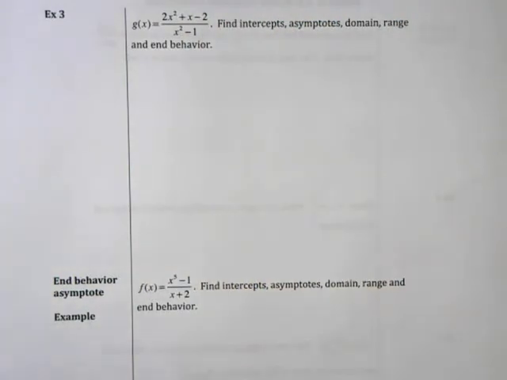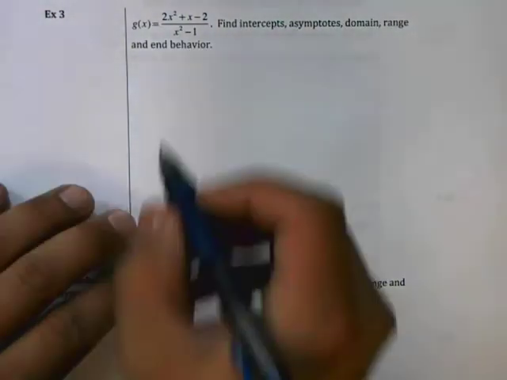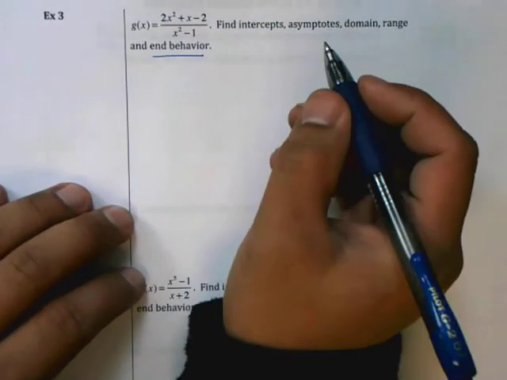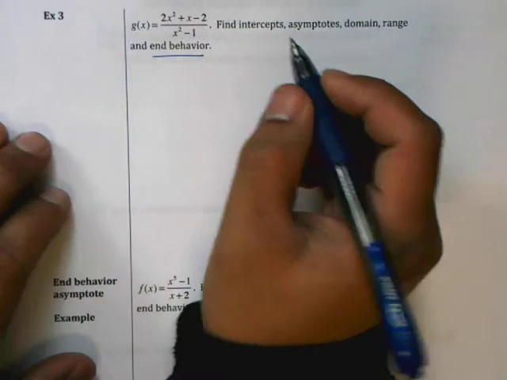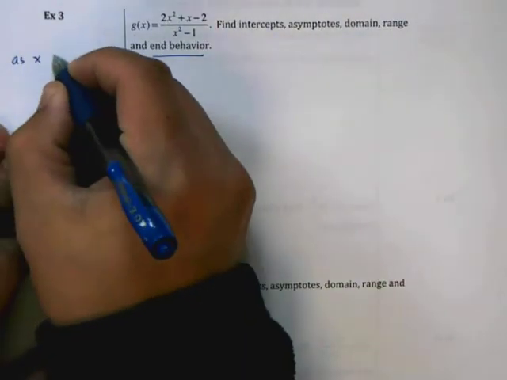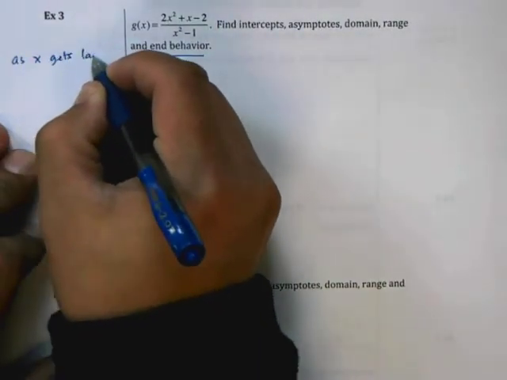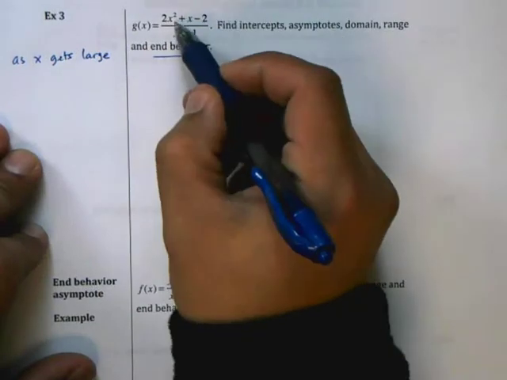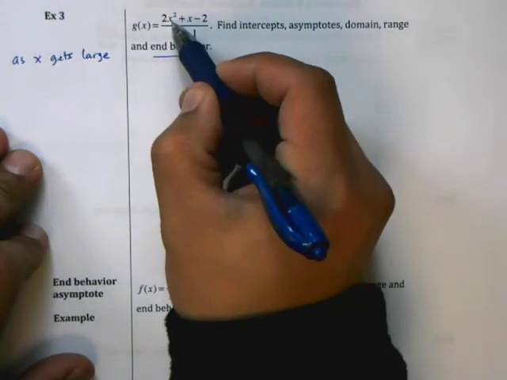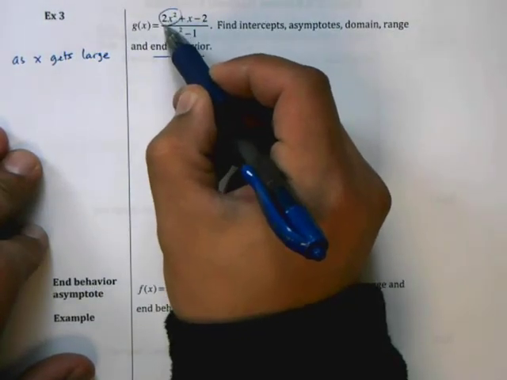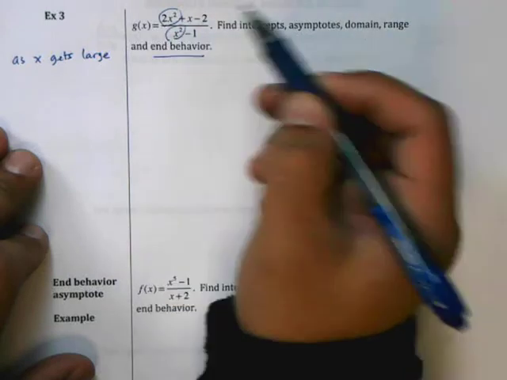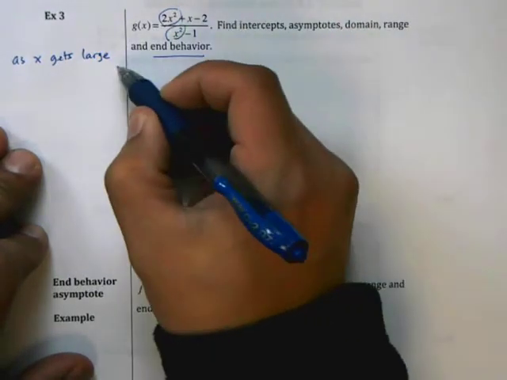And if you recall from the previous video, one of the things that we care about when we talk about end behavior is the growth of the function. So let's say as x gets large, the numerator here is just going to be dominated by the highest power, and the denominator will also be dominated by the highest power.